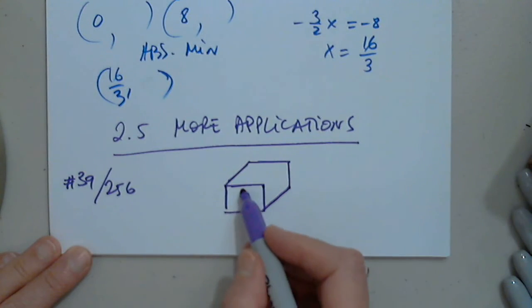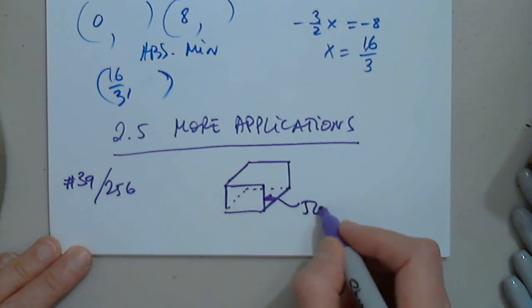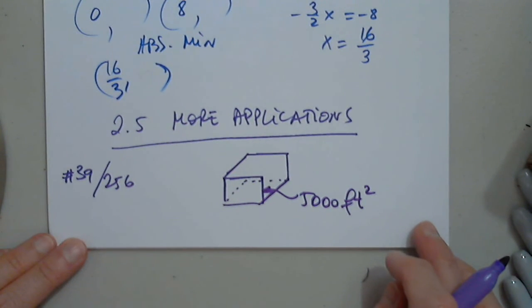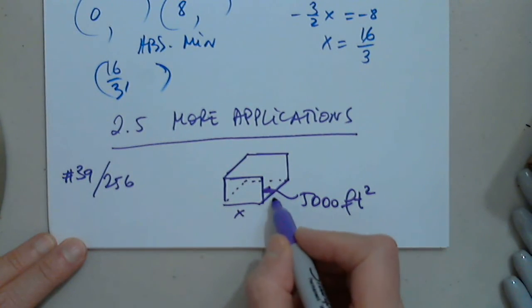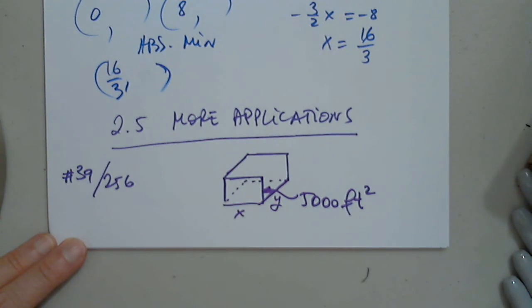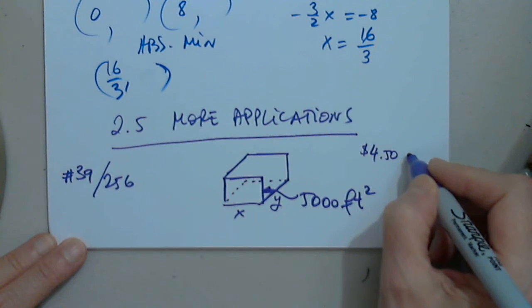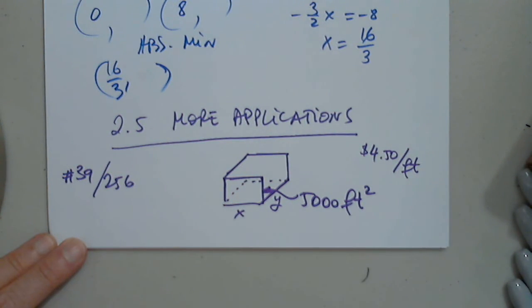So this is 5,000 square feet, and it's rectangular. I'm going to say this is X and this is Y. On 3 sides, it's $4.50 per foot. The 4th side will be a wooden fence.